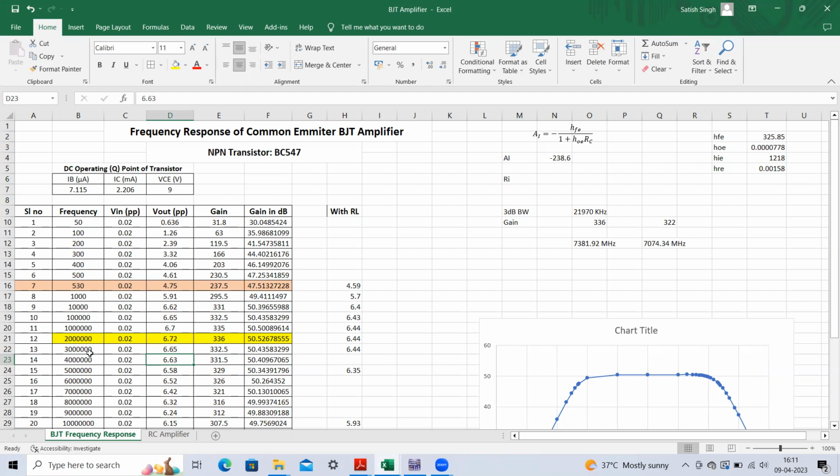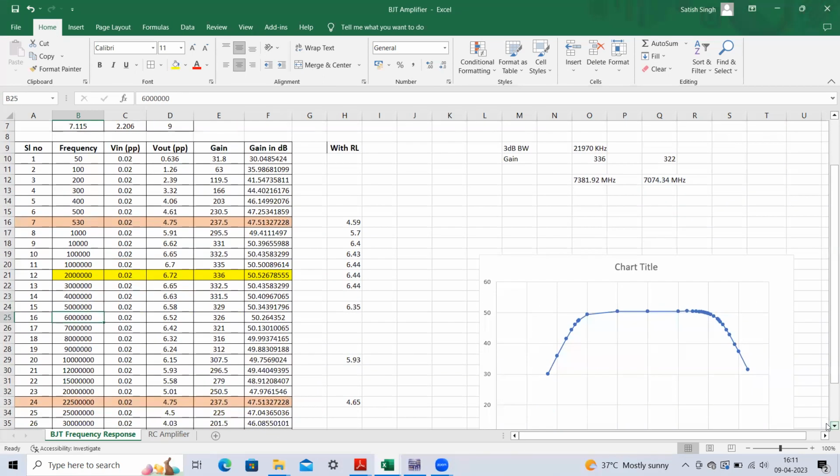So take the readings for 3 megahertz, 4, 5, 6, 7, 8, 9, 10 megahertz, and this way you get all the readings. One thing to remember while conducting the experiment is that we are normally interested in the 3 dB bandwidth of any device.